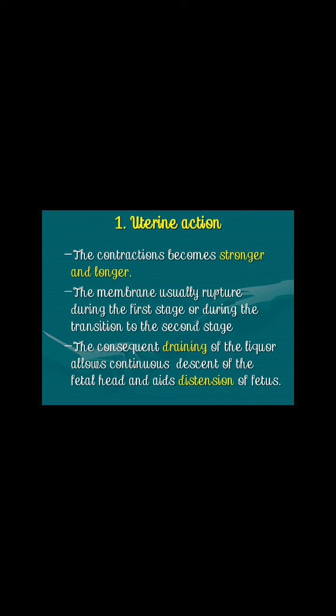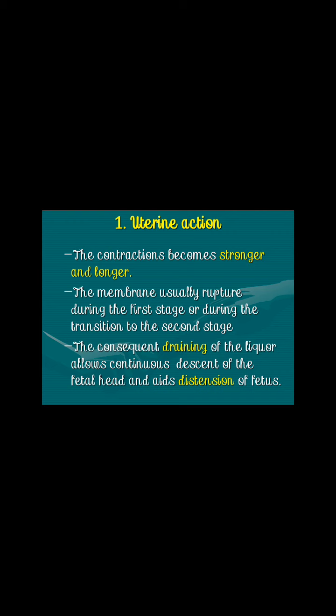Pale as membrane has been ruptured, it allows continuous downward movement of the fetal head or of the baby to find the way out, kwa sababu membrane inavyokuwa bado haijarupture inakuwa imebudge, so inazuia descent.